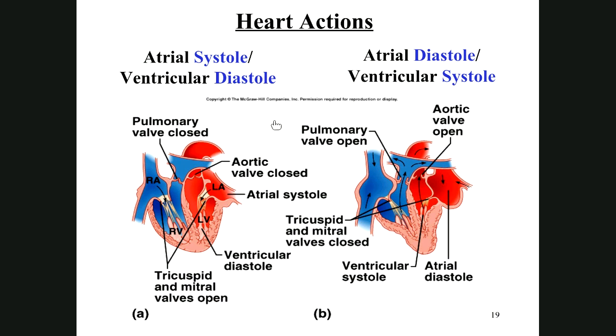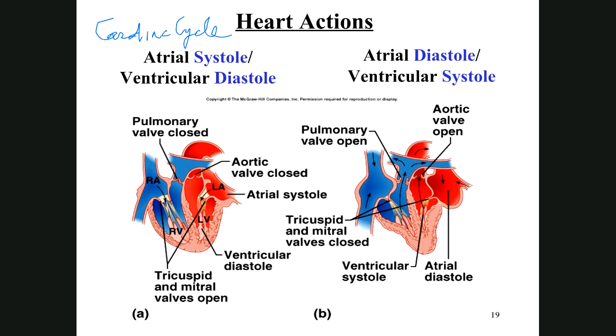The period from lub to lub is one cardiac cycle, or dub to dub. So lub to lub is one cardiac cycle, the time from lub dub to lub dub, okay?